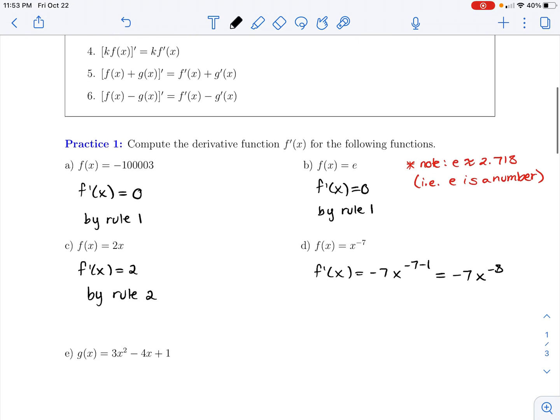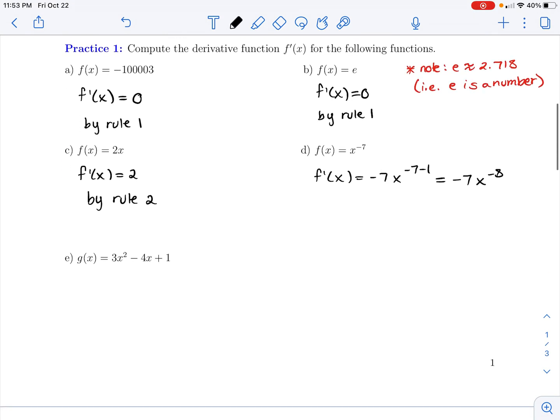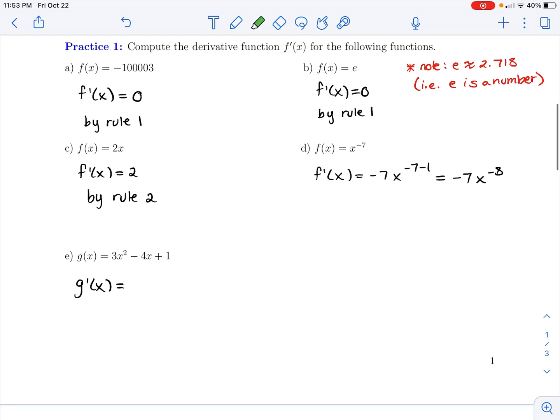Okay, and then in part E, I have a sum and difference of functions here. So I have a lot of different things going on. What I do want to address first is I just want to take the derivative of each piece. So I have my pieces here, right?